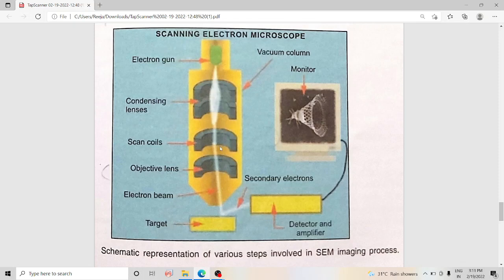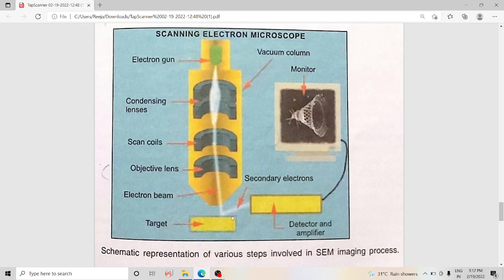The electron beam strikes each spot of the sample, and it interacts with the sample such that secondary electrons get knocked off from the atoms in the sample and come out. A detector is placed here to count these secondary electrons.